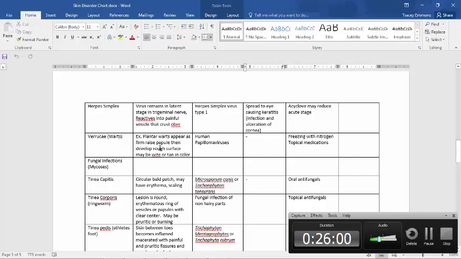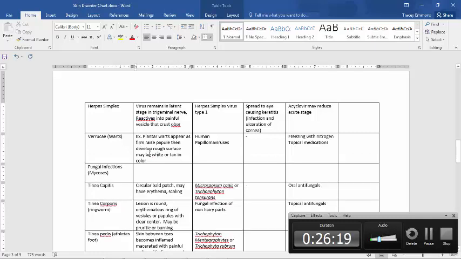Verrucae or warts are caused by human papillomaviruses. All warts are caused by human papillomaviruses. One example of them are plantar warts. They're a dome-shaped, raised papule, but they sometimes develop a rough surface with a white or tan color in the middle. You sometimes hear people say they like to see the seed in the wart.